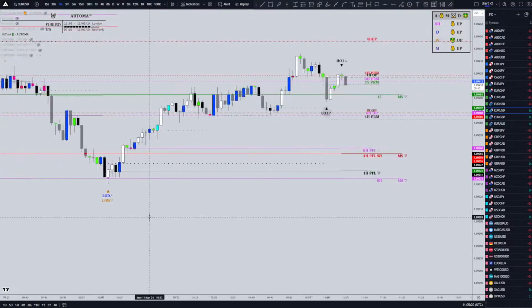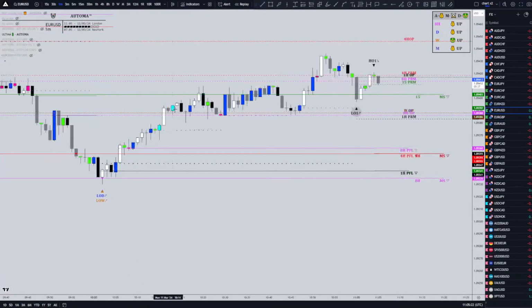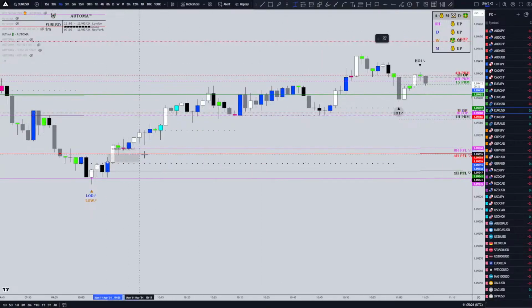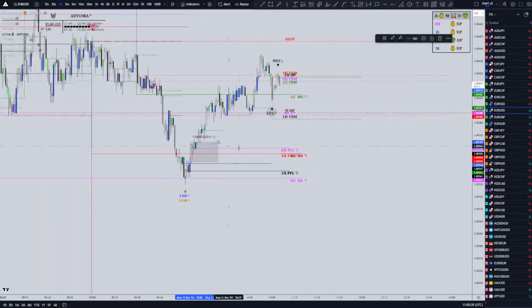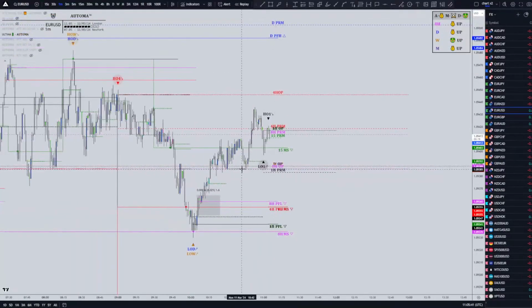So yeah, for me, partial risk free, I am risk free already 1.6 pips, which is right there. This week I was risk free, so my position at the moment is running, and I want to see this.